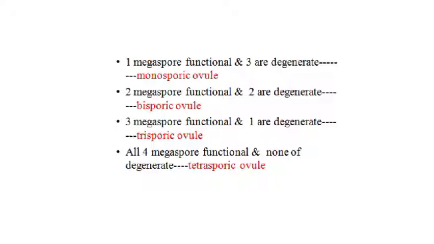And if all 4 megaspores are functional and none degenerated, that is called a tetrasporic ovule. So this is the whole process of development of the female gametophyte.